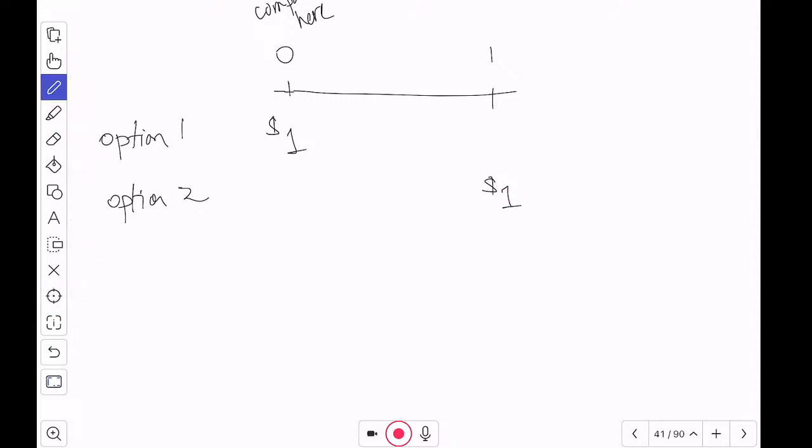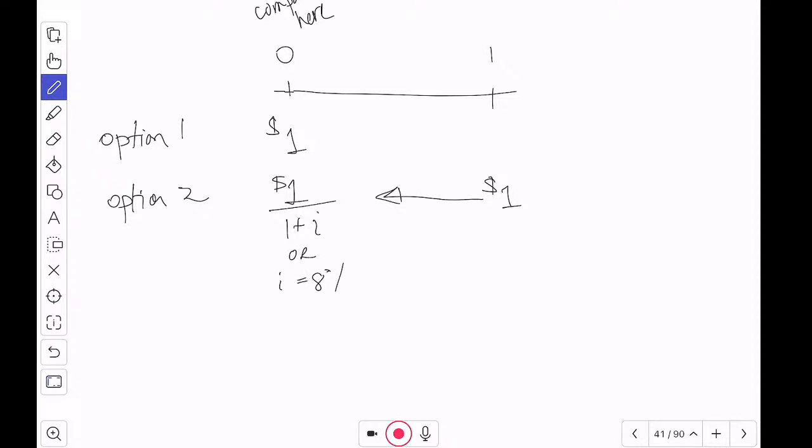I have to compare them in the same time periods. It's like converting it. So I know $1 today is greater than $1 next period, because it's only worth this. I have to discount it. That's a consequence of the time value of money.